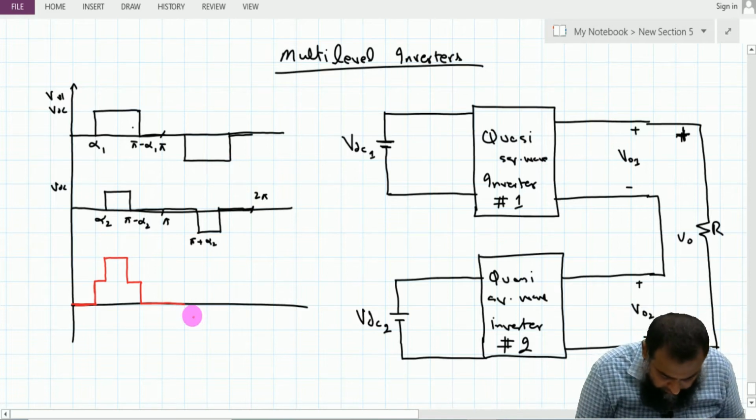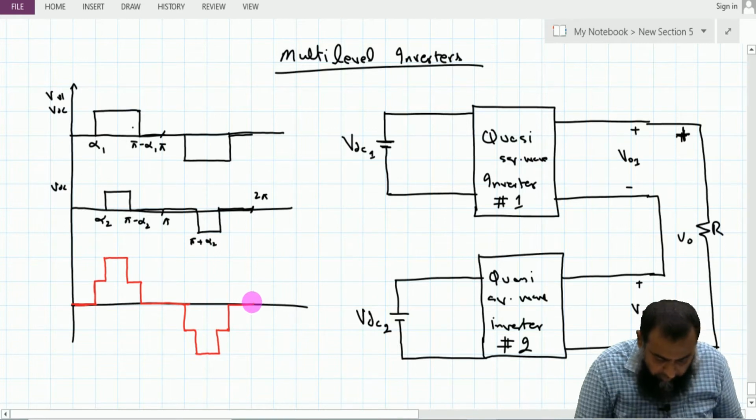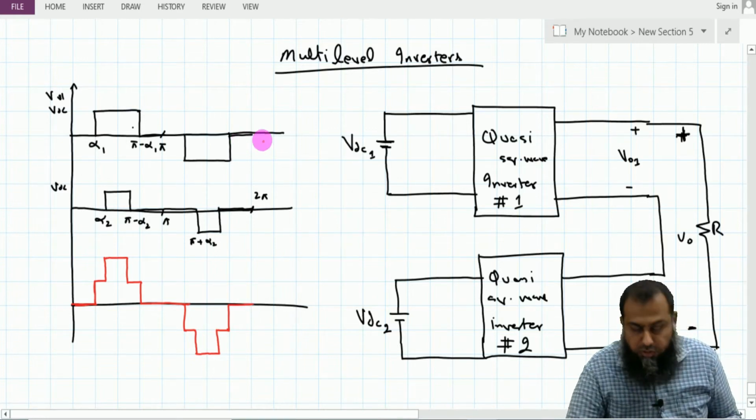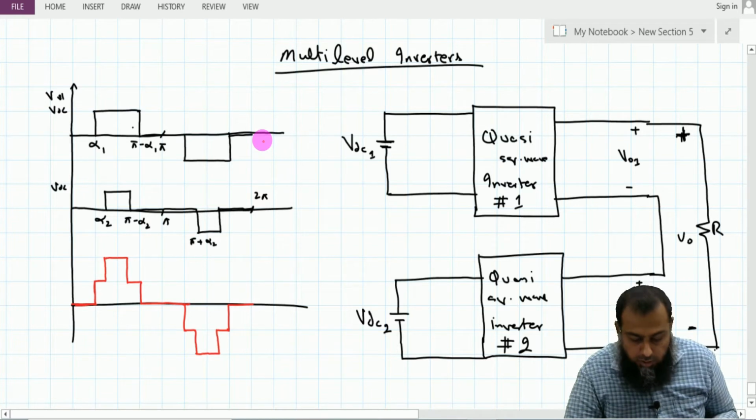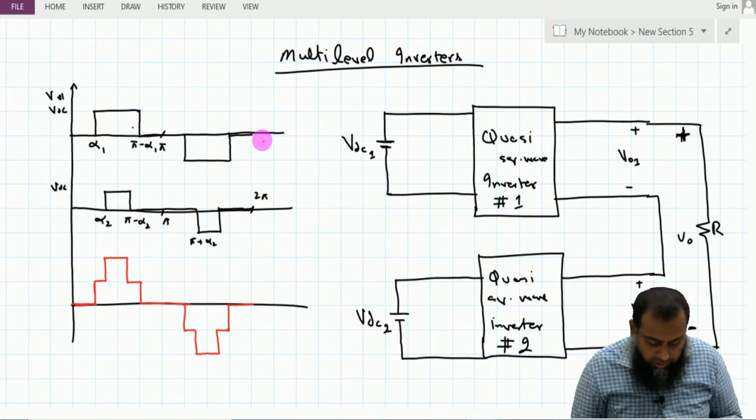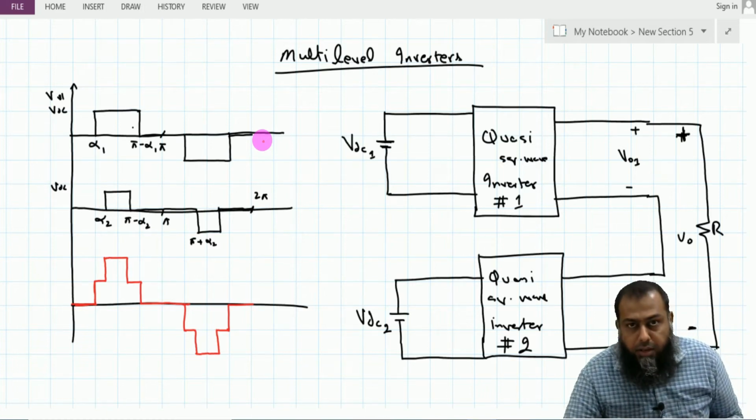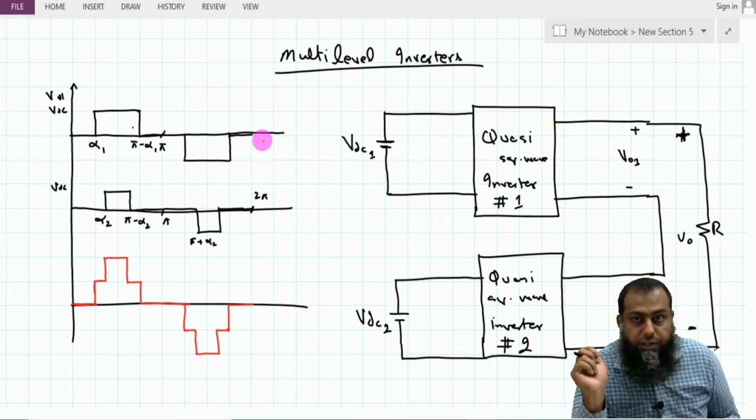In these negative half cycles we see the same trend: for this much period we have twice the output voltage, after which the output voltage becomes VDC, and when the output of square wave inverter number 1 becomes 0, the net output voltage becomes 0. Now across this resistance R, the voltage levels have actually increased.